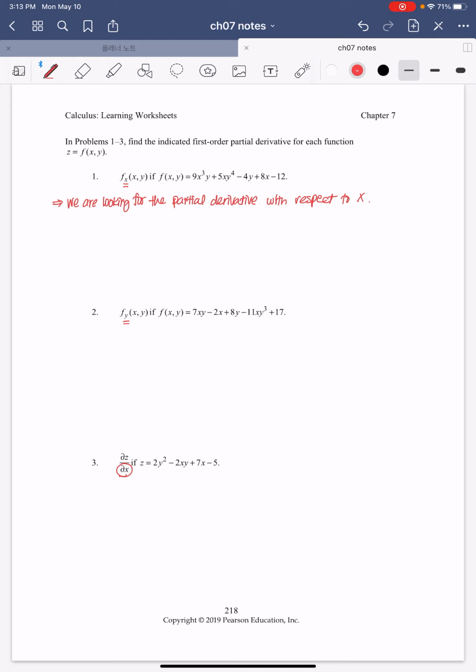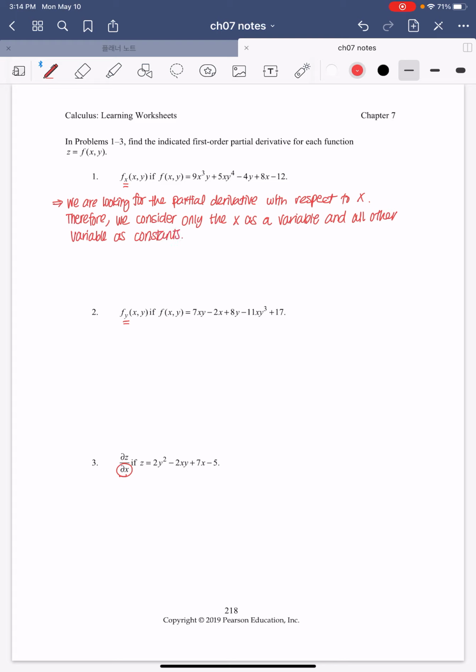We are going to treat x as a variable and the other variables as constants. So therefore, we consider only the x as a variable and all other variables as constants.